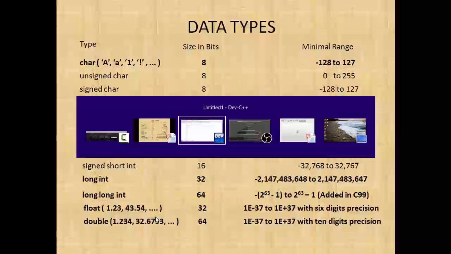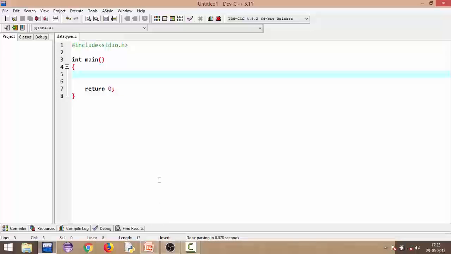Now we come to variables. Variables are basically containers of different data types. Like I write int, and there are keywords, which are already reserved words that we use in the C programming language.